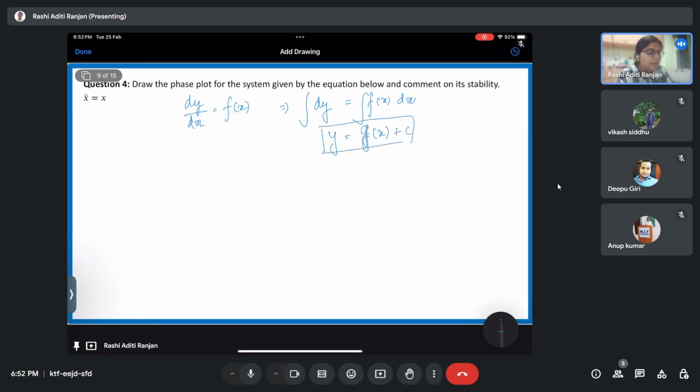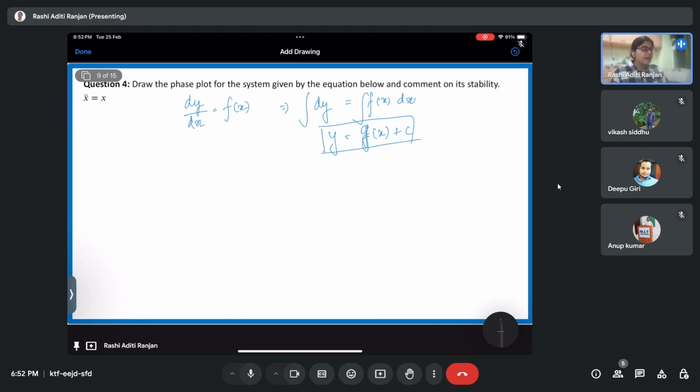By merely looking at this equation, we can tell what the stability is, or even if not looking at the equation, we can plot it, we can use numerical methods to vary the value of x and get the value of y, and then we can tell how the system is going to behave, right? I hope this is very easy to understand.